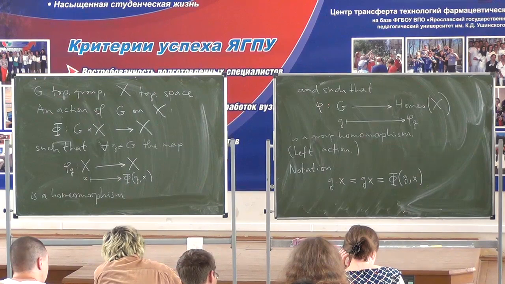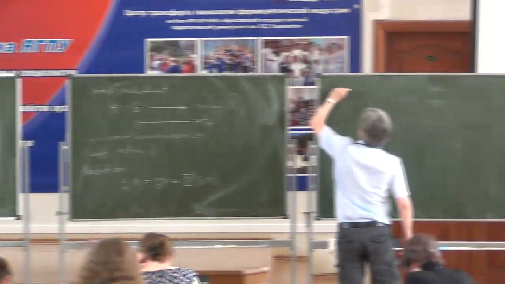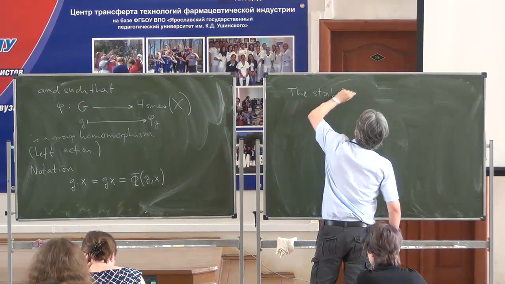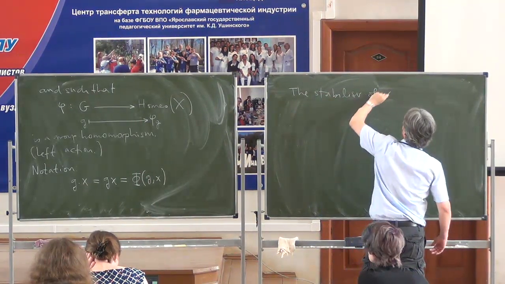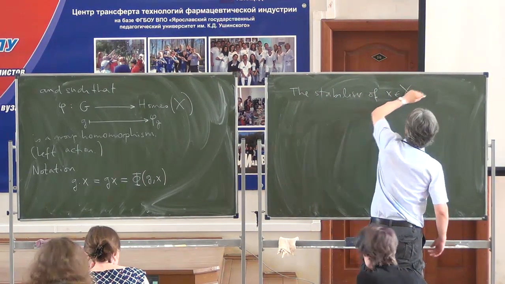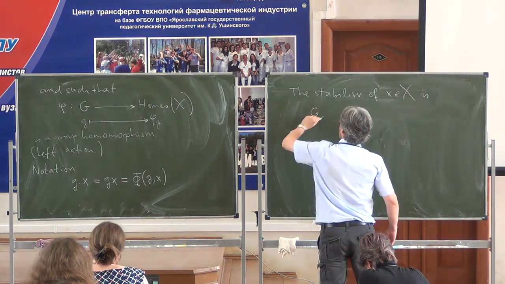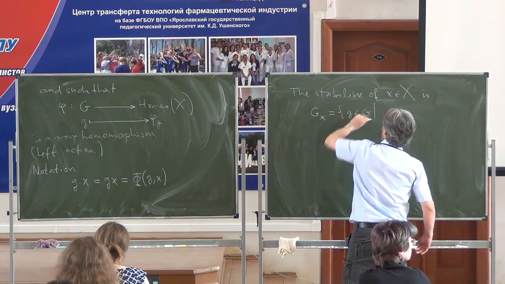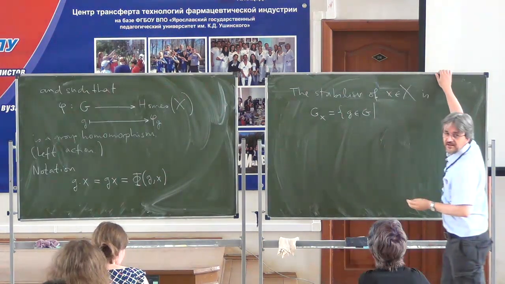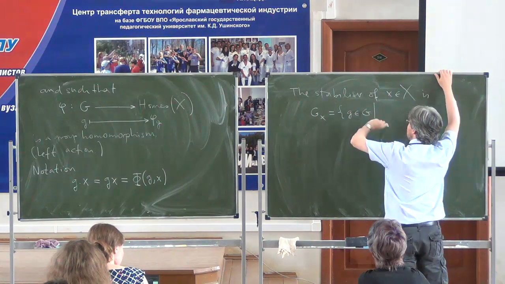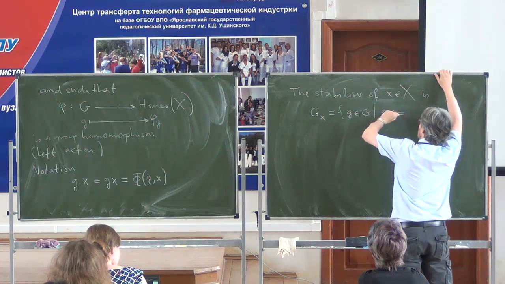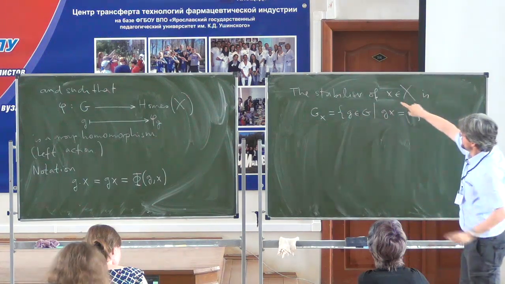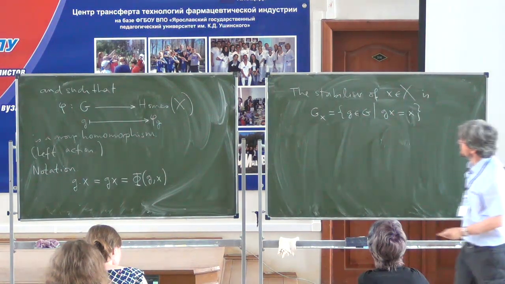Some more basic definitions. The stabilizer of a point in the space is the group of elements of G whose action on x doesn't move the point.